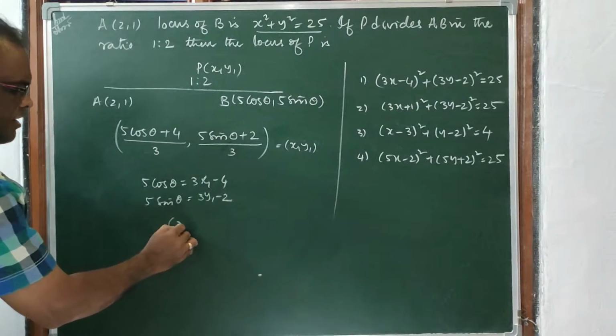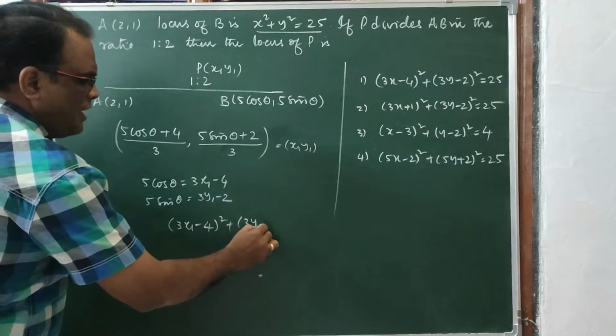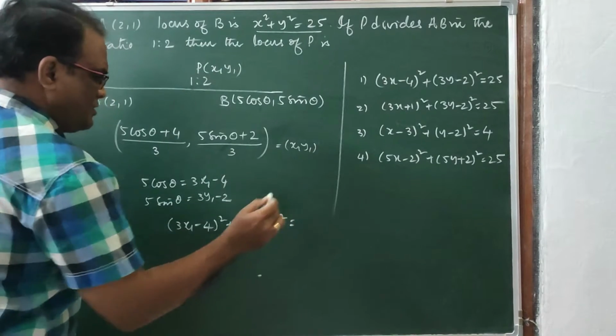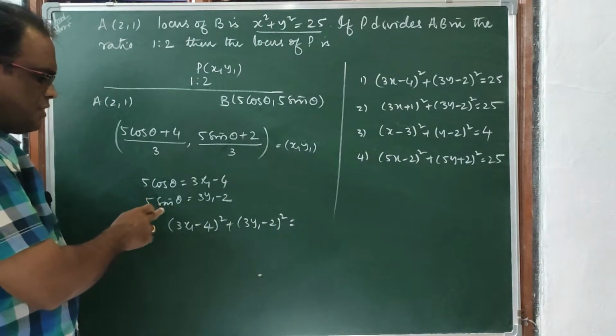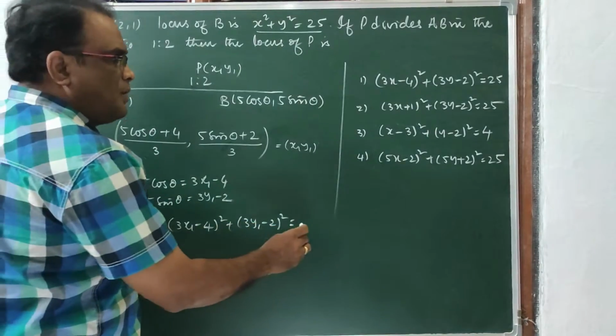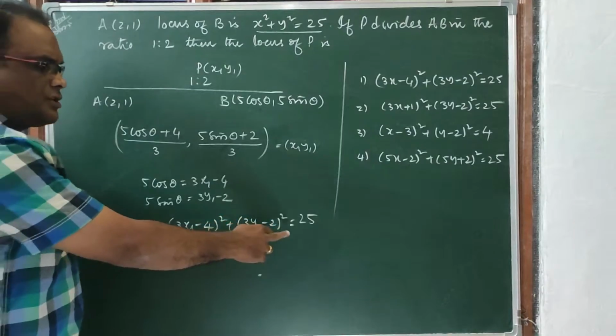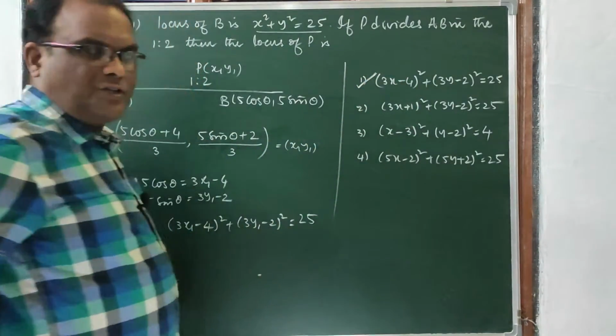Squaring and adding, we have (3x1 minus 4) whole square plus (3y1 minus 2) whole square is equal to 25 cos square theta plus 25 sin square theta. Taking 25 as common, cos square theta plus sin square theta is 1. It is the first choice.